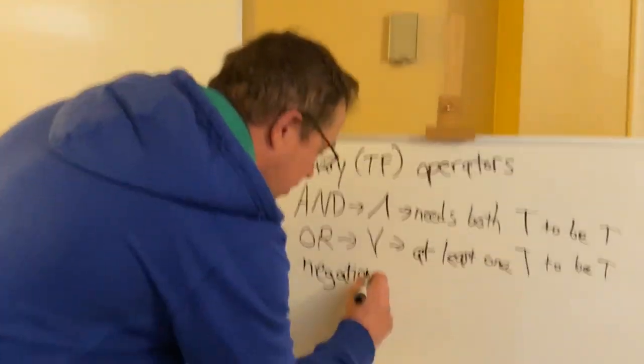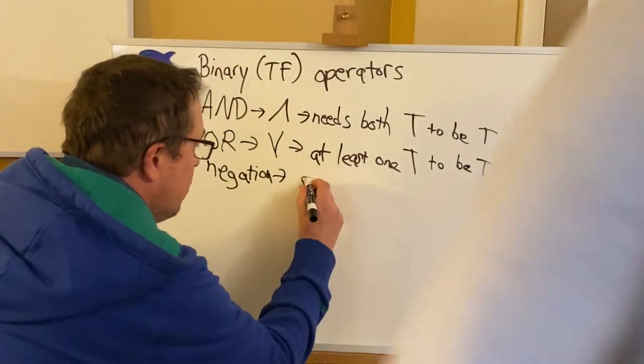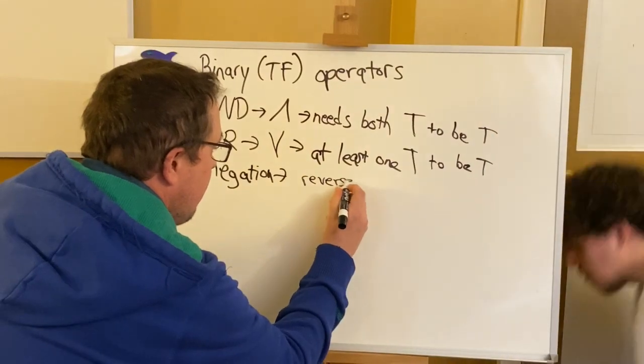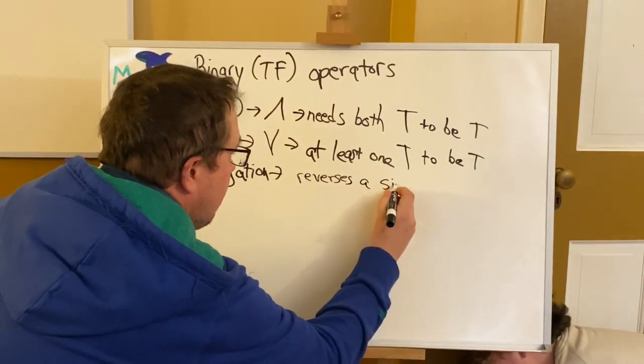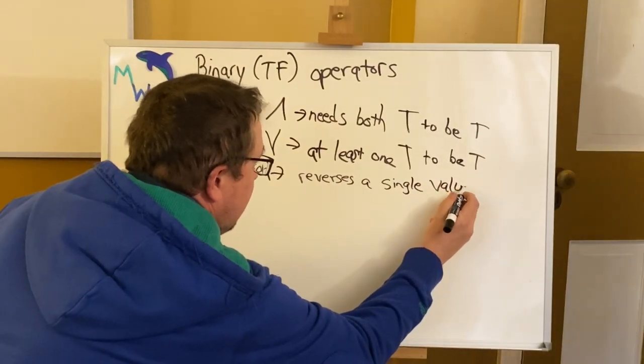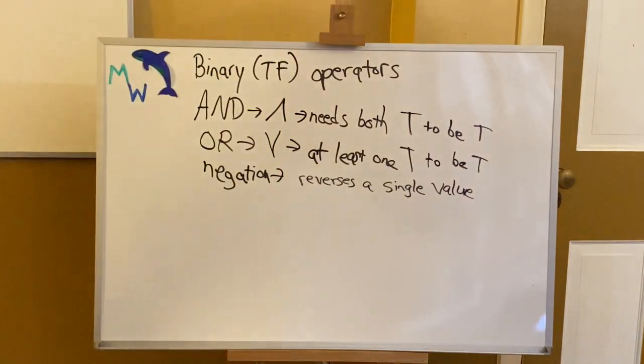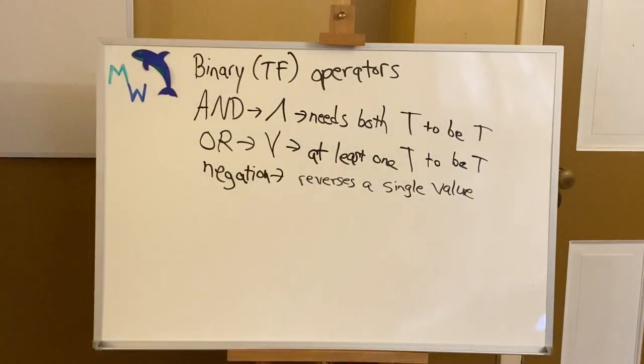Now the negation is weird because all it does is it reverses a single truth value. So the tilde, as some people call it, or the tilde as I call it, sits in front of one variable and it will reverse that variable.